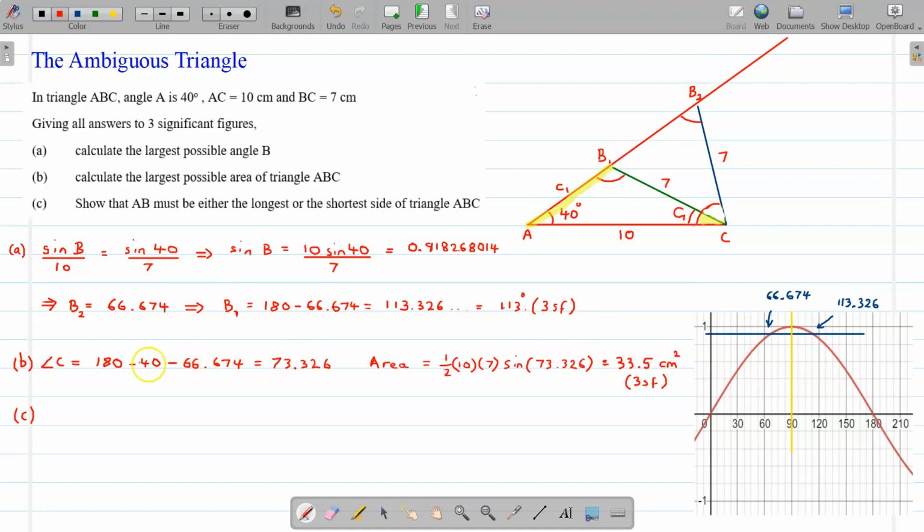This is why it gets a bit confusing when you're using lower and uppercase C. But angle C1 is equal to 180 minus 40 minus 113.326. And that's going to be a smaller angle, and that comes to 26.674.